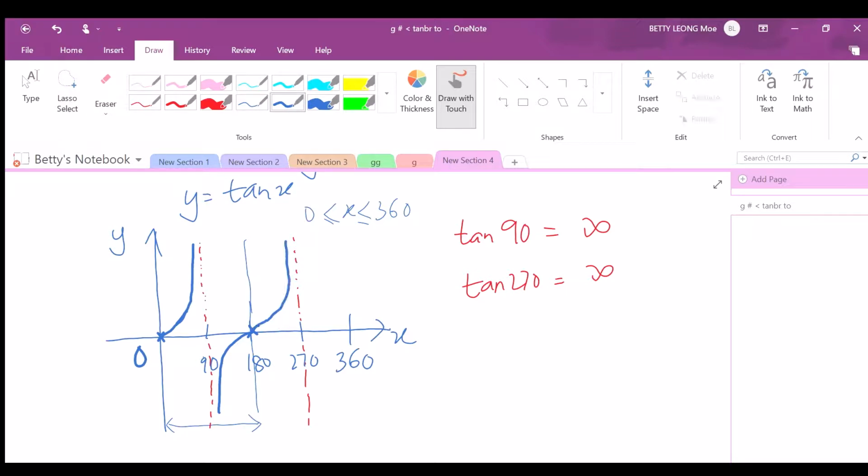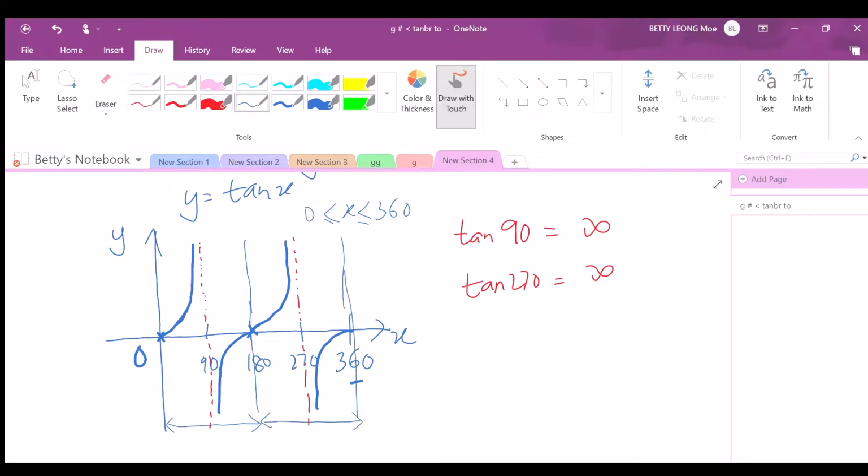And from 270, it will move, and then it will stop at 360. So actually this is another complete cycle, another period. So you have 2 cycles for tangent x.